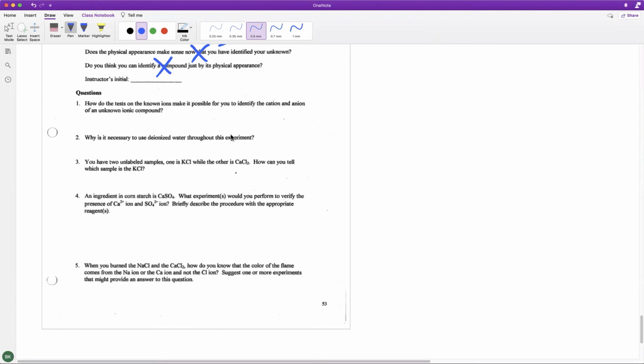And why is it so clean? Because it's been deionized. What it means is that water has had all the ions removed from it. So you always use that deionized water when you do chemical experiments. So you want to answer this question: why would we use deionized water? What is the reason that we use that?